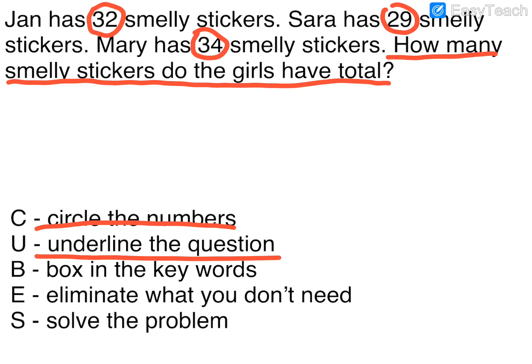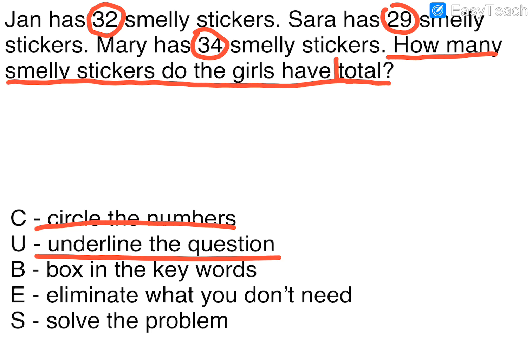Next, we see B stands for box and the key words. I'm going to look through and I'm going to see what words can tell me if I'm adding or subtracting. Jan has 32 smelly stickers. Sarah has 29 smelly stickers. Mary has 34 smelly stickers. How many smelly stickers do the girls have total?